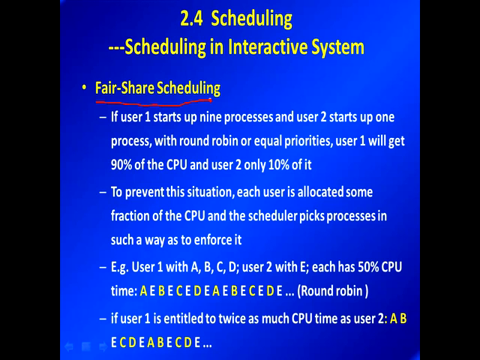It's not so common for personal computers, because when we use a PC or smartphones, we are the only user on this machine, right? But sometimes there are computers with multiple users, and different users can submit multiple processes, different jobs.